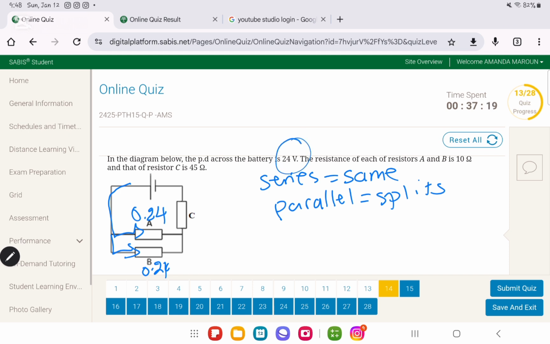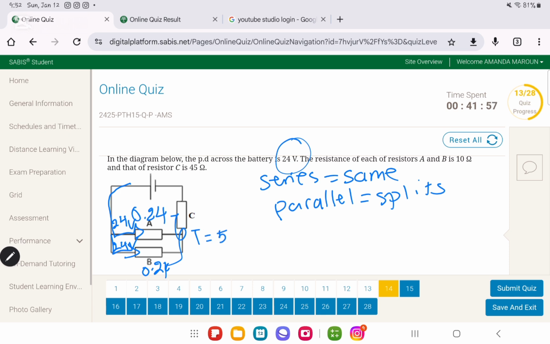you can take the voltage, okay, and we know that the voltage is always the same when it is in parallel. So here's 24 volts and here's also 24 volts. We take the equivalent resistance, which in this case was 5.